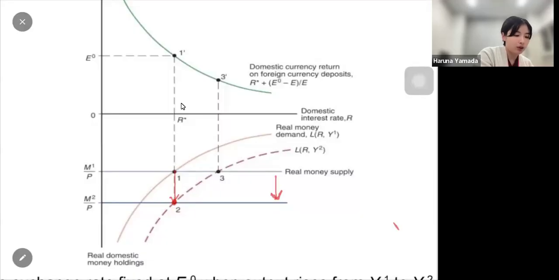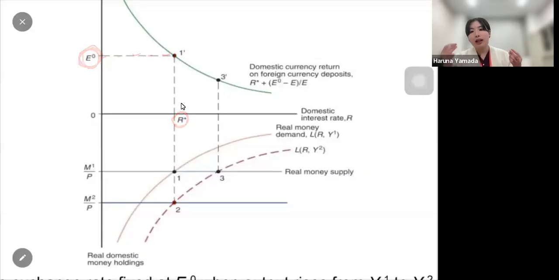So this is the new economy. Under point 2, R is equal to R star, the foreign interest rate level. So then exchange rate is also E0, the initial level.